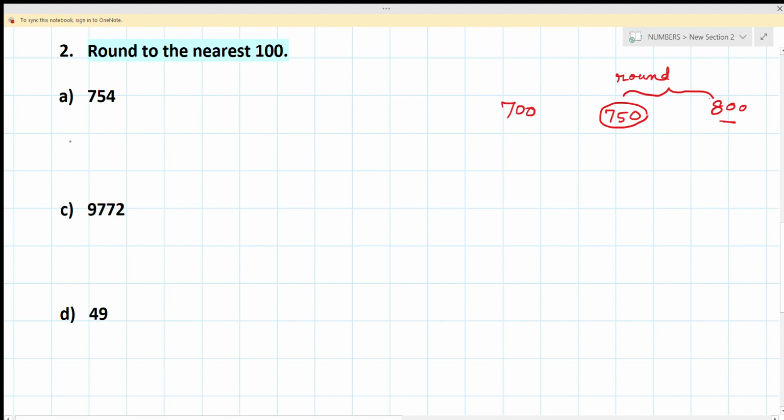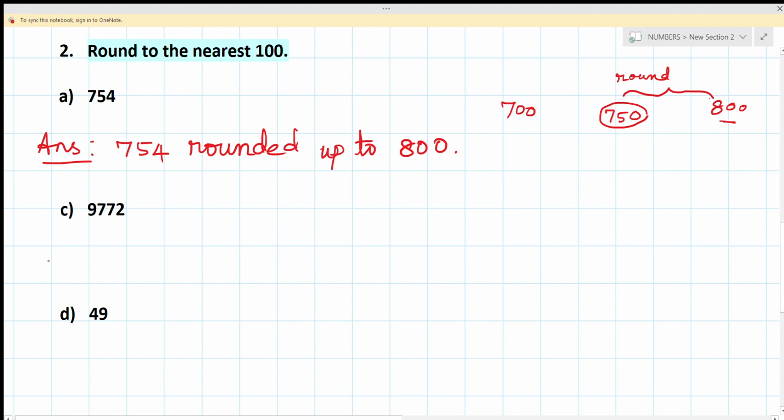So 754 is rounded up to 800. This is the answer.